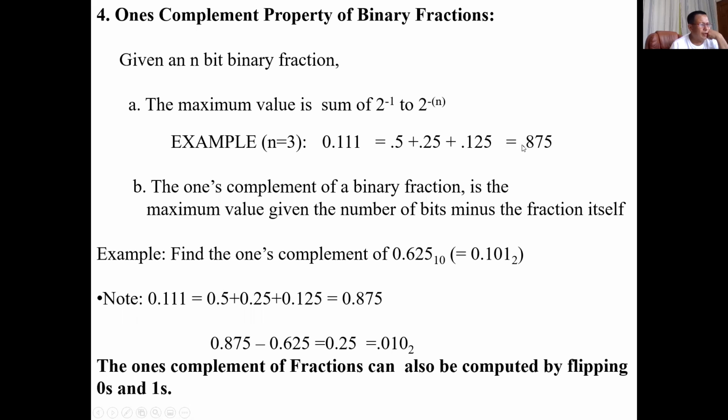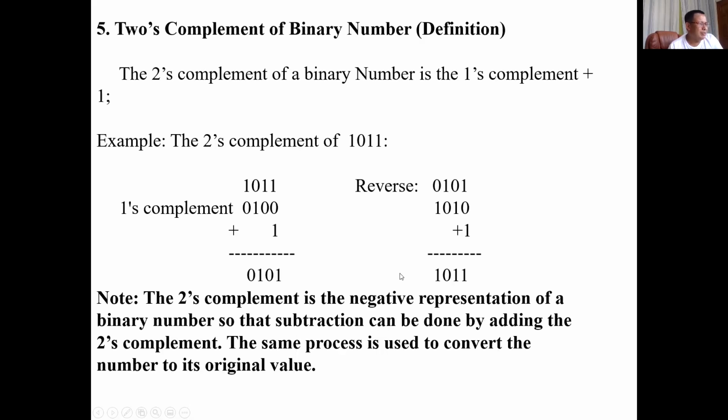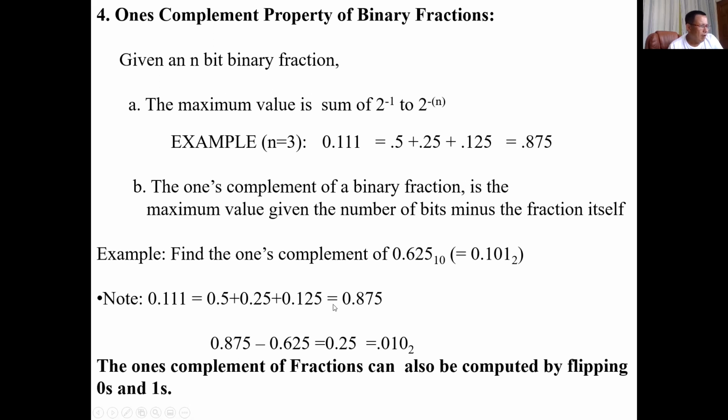For example, you are given a value called 0.625, what's the ones complement? So 0.625, you deduct it from 0.875. 0.875 minus 0.625 is 0.25. Do you follow? Or 1/4.